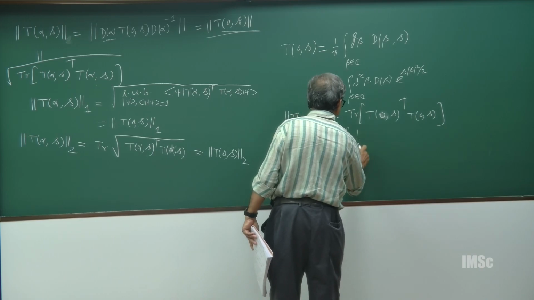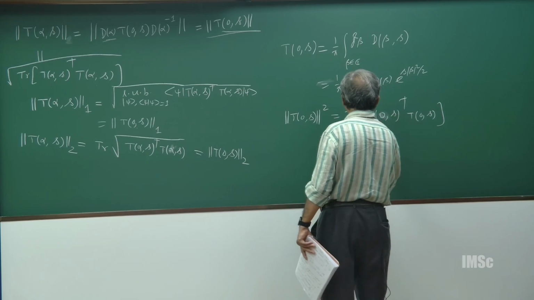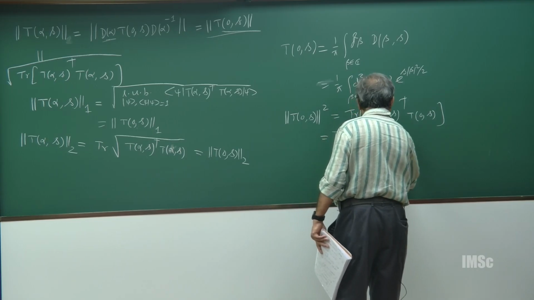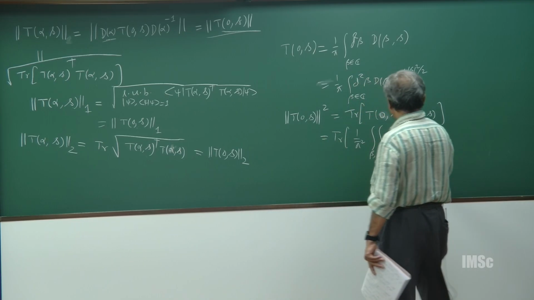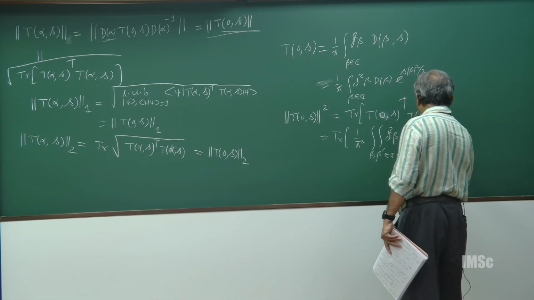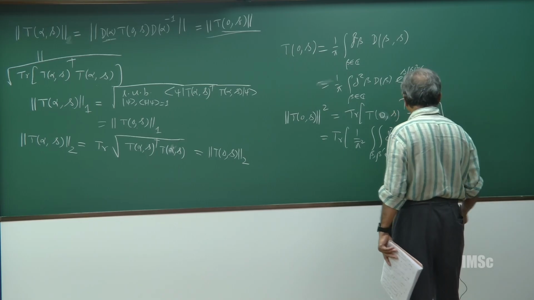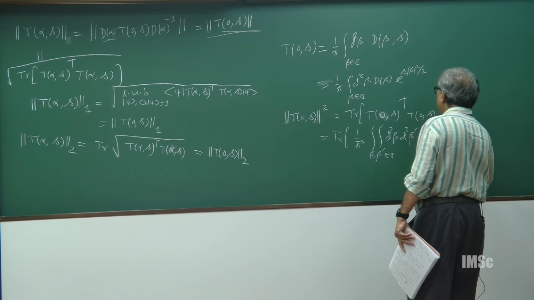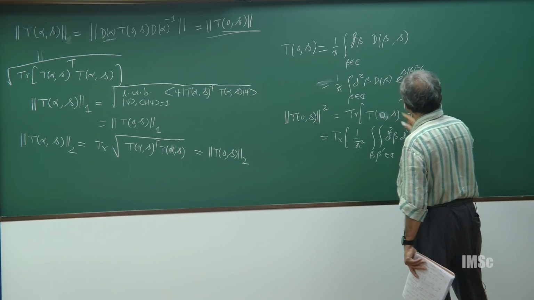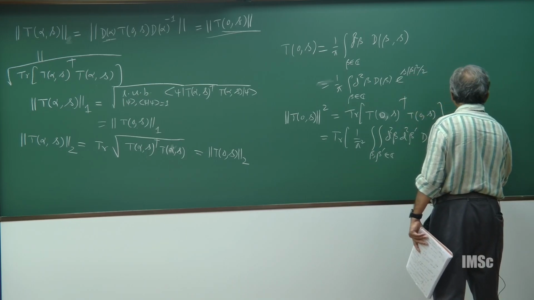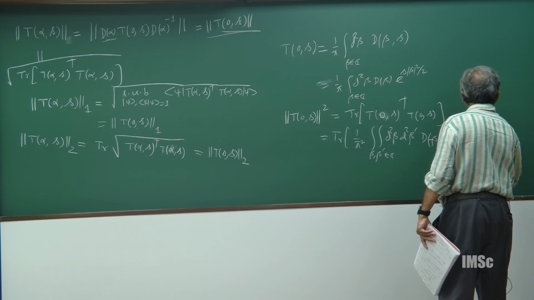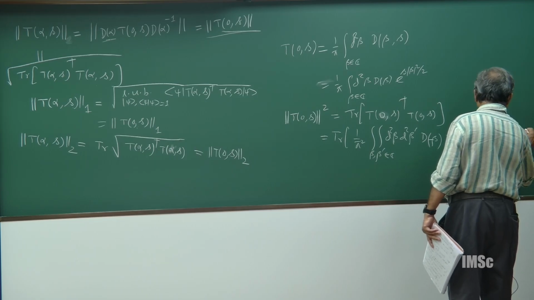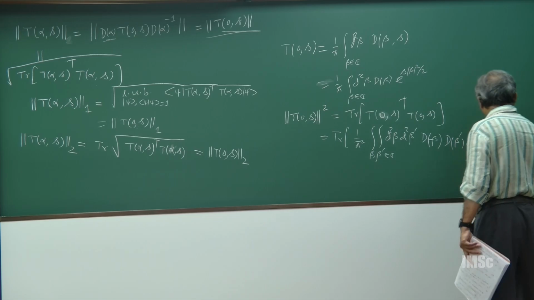Now if I use this, this will be the trace of 1 upon pi square, integral over beta star belonging to C, d square beta prime, then D of beta dagger, which is D of minus beta, and from here you will have D of beta prime, then e to the power, here it is dagger, so basically you will have minus s beta square by 2 plus s beta prime square by 2, trace of this.